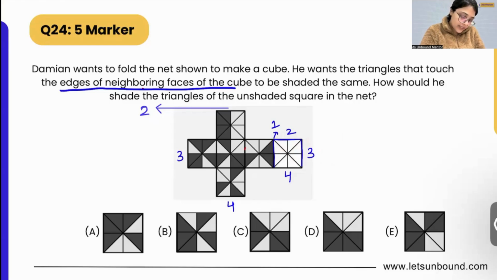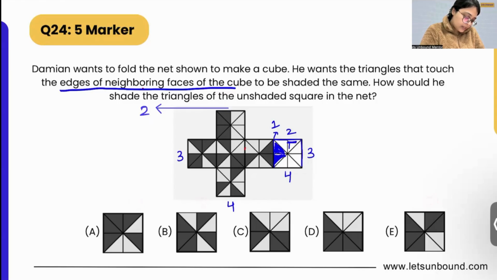This side is going to touch this end and this side is going to touch this end. So it should be opposite, so that when they're folded, this particular side where I've put a dot will match this side and the non-shaded one will match this side. Do we have any option? Yes, A, B, and C all resemble that. Let me keep shading it so that it becomes easier for you.